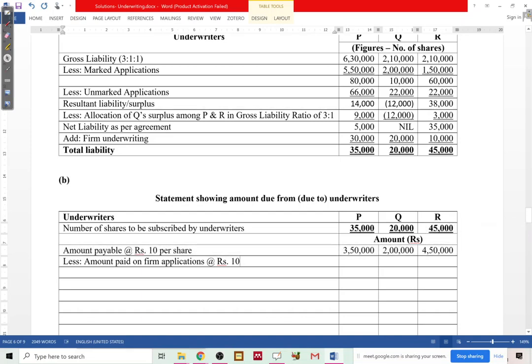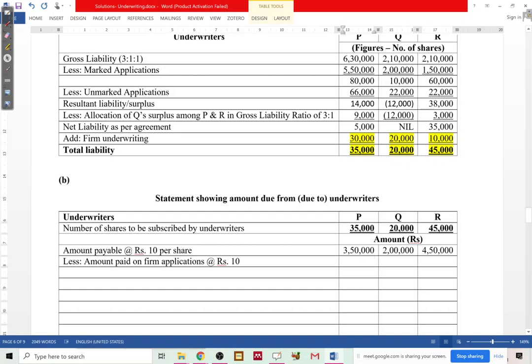Now how will you do this? This we have already taken, and on this 10 rupees we calculated. When we are doing firm underwriting, we have to take only the firm underwriting shares. How much are they? 30,000 for P, 20,000 for Q, 10,000 for R, right? And on this we will calculate the amount paid on firm applications.